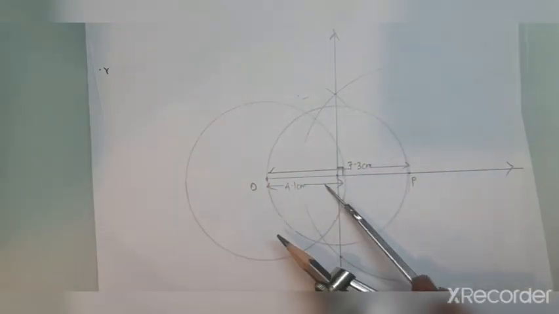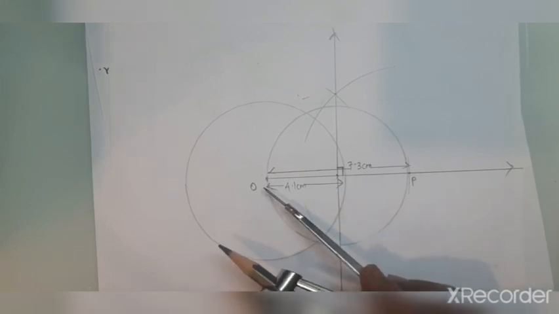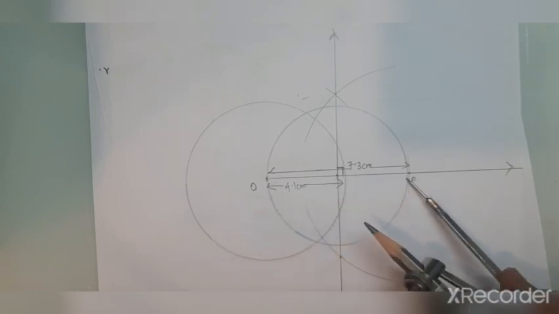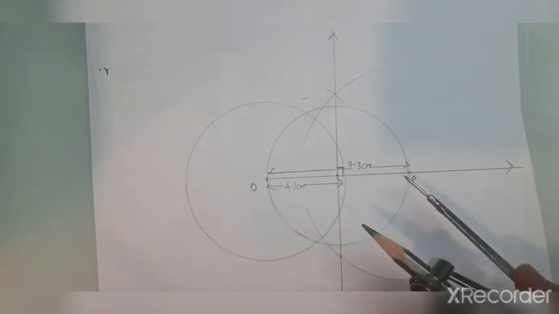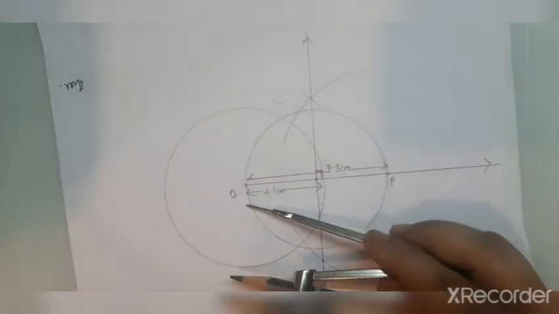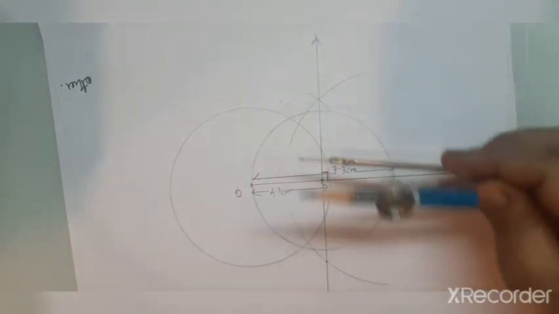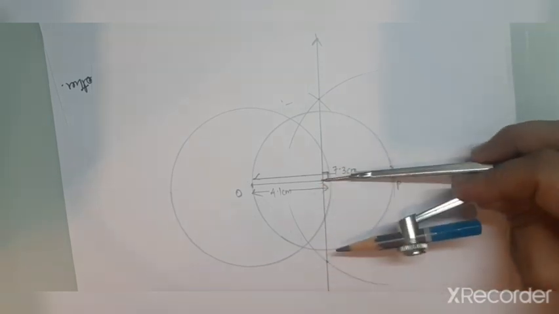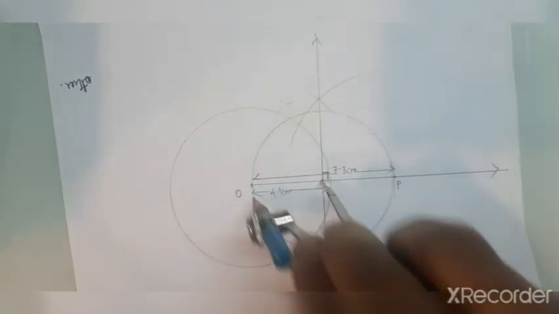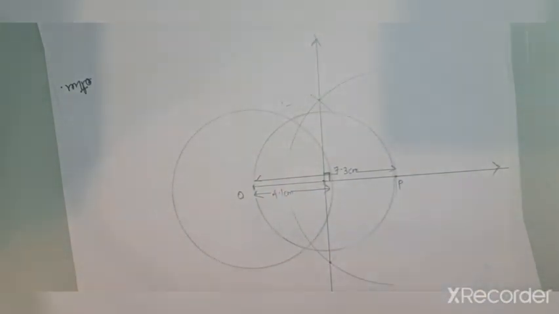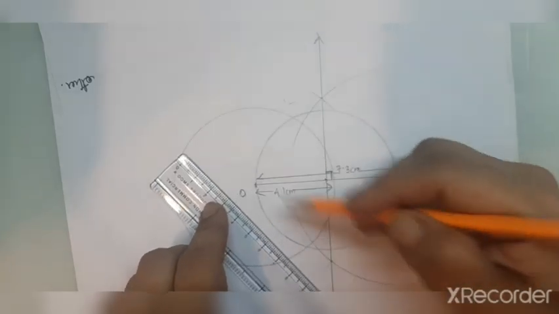So again, I'm explaining. First, we have drawn the circle with 4.1 centimeter as a radius. Then we have extended from the center. We are taking 7.3 distance. Okay, so from the center 7.3 is this point P. Okay, and then we are going to draw a perpendicular to this OP. After drawing perpendicular to this OP, this point, okay, where this perpendicular and this OP meets, that point, and we just have to take the measure up to this center and just make an arc, or you can draw the full circle also.